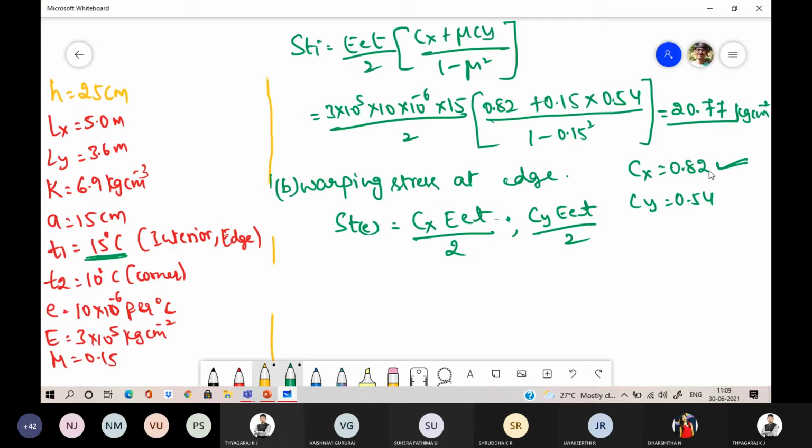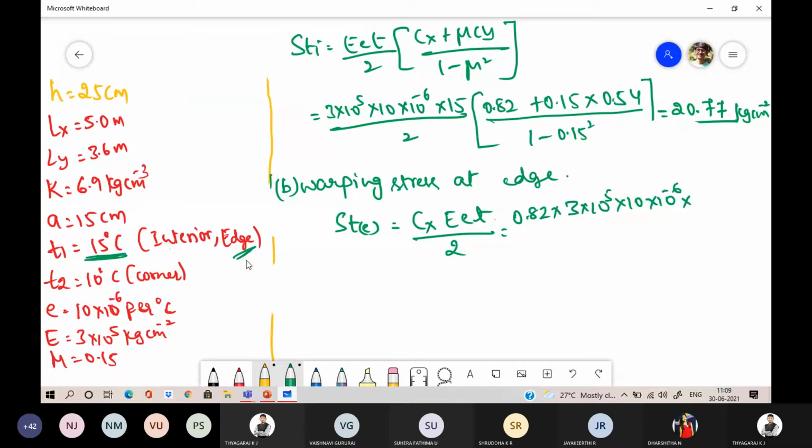In our problem, the Cx value is higher, so we will consider only the Cx formula. Now input the values: Cx 0.82 into 3 into 10 power 5 into 10 into 10 power minus 6 into the temperature differential at edge.